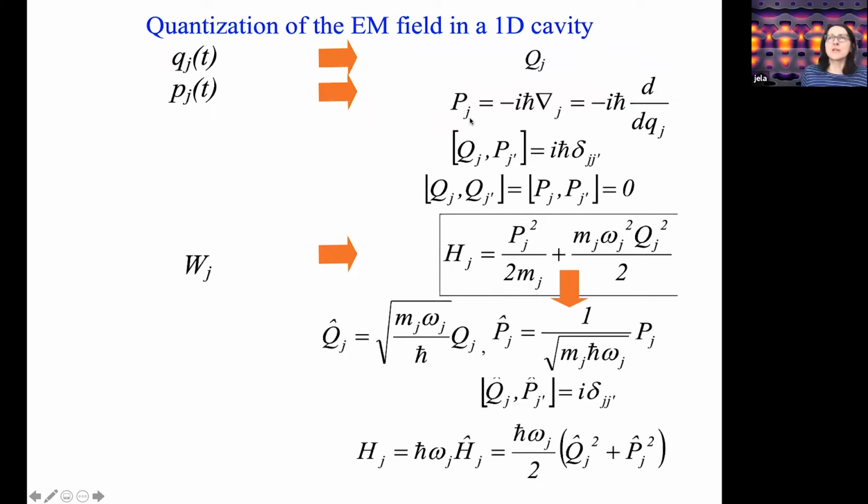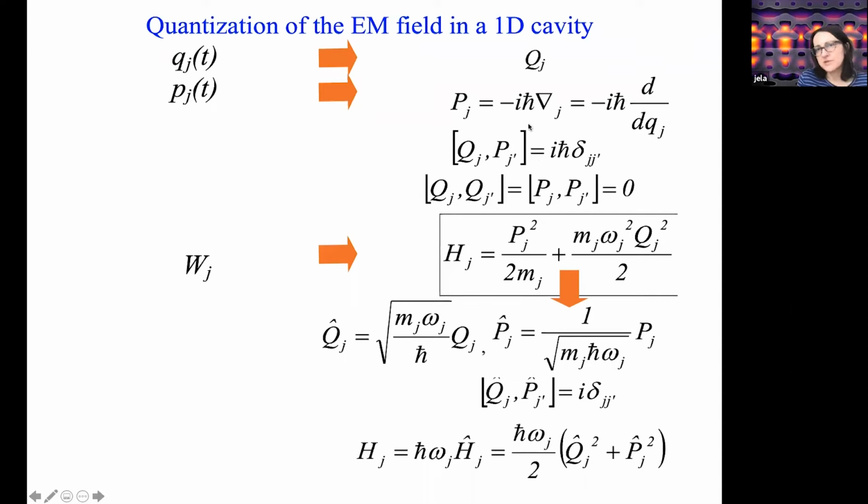So it's the same story as for the quantum harmonic oscillator, except that you are replacing momentum space with Pj and position space with Qj, but these are not real momentum and position. These are just two variables that are analogous to momentum and position.